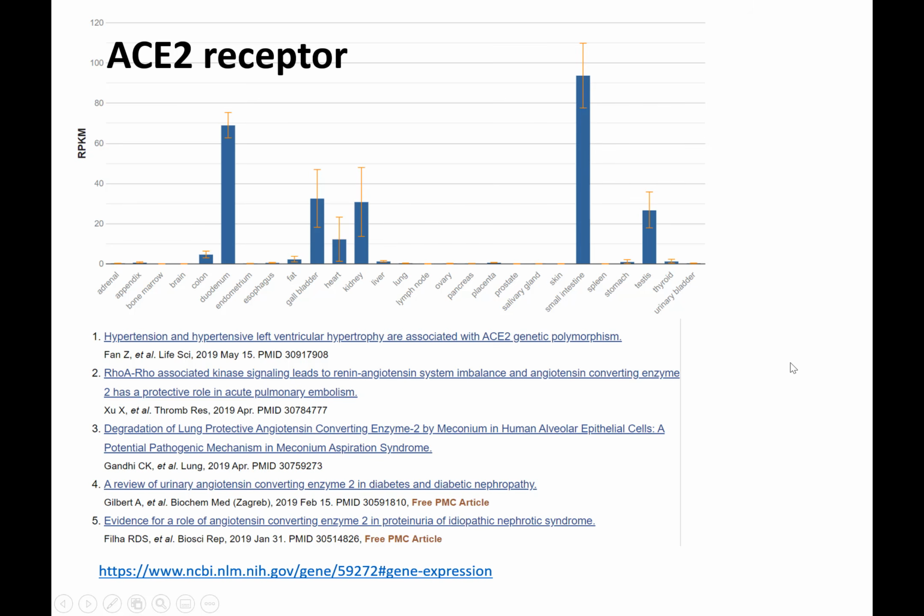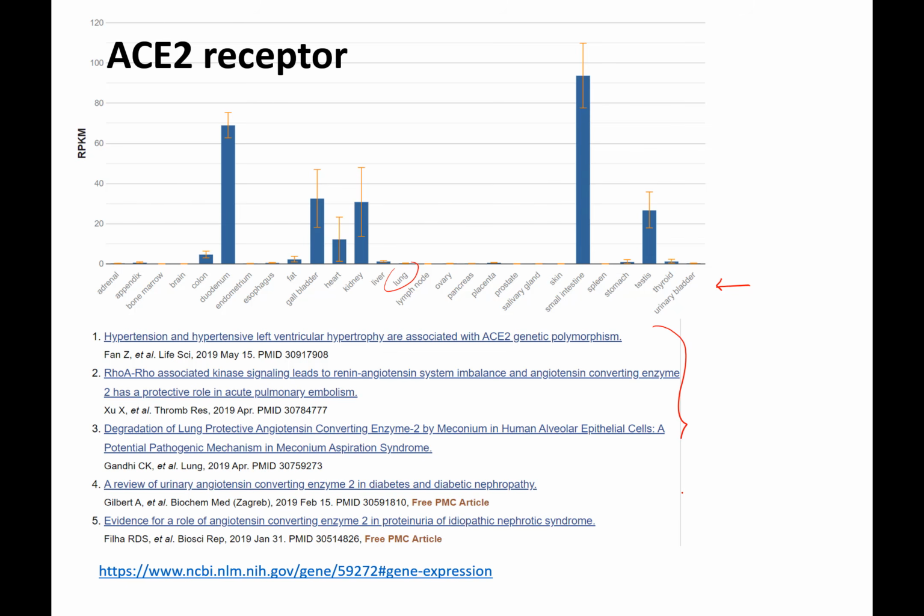And this is just a reference. What I thought was interesting is it shows tissue expression of the ACE2 receptor. And what's really interesting to me is hardly anything in the lungs. So coronaviruses cause respiratory tract infections.